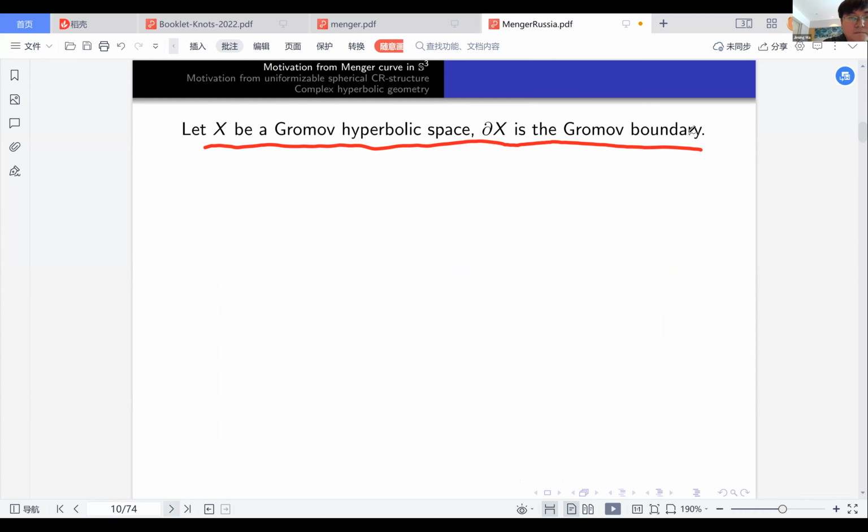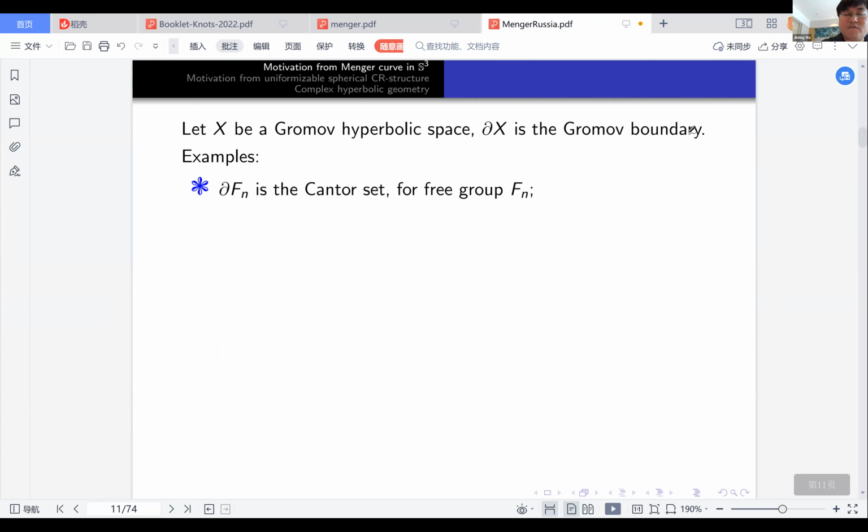Some examples: if you have a free group of at least two generators, then if we consider the Cayley graph of the group, the Cayley graph is a metric space. Then we can say whether it is a Gromov hyperbolic space, and then we can consider its Gromov boundary.